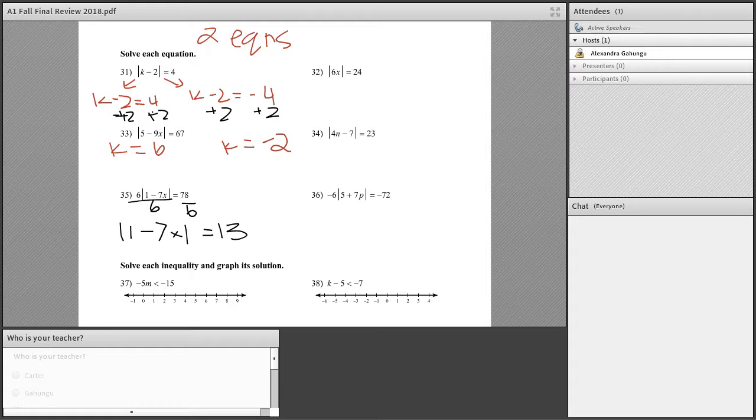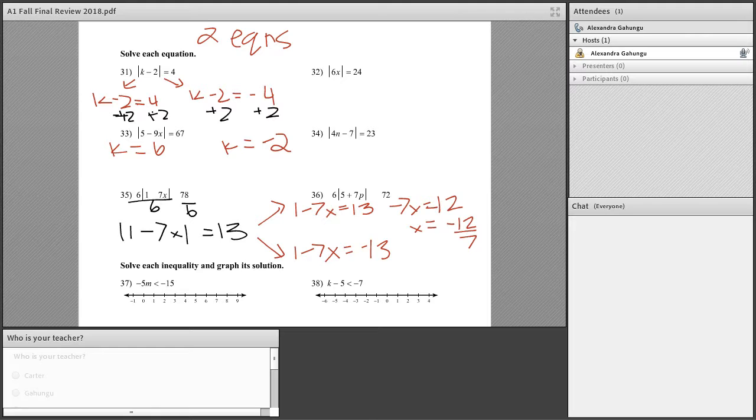And then we can go ahead, make our 2 equations, where we will get 1 minus 7x equals 13 and 1 minus 7x equals -13. So we'll get -7x equals 12 by subtracting 1 from both sides, and x is equal to -12/7.